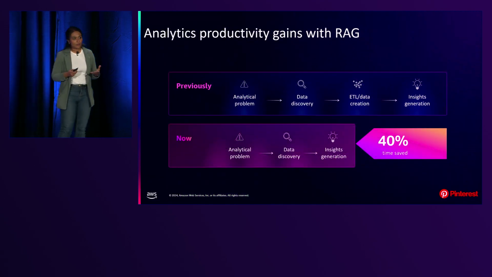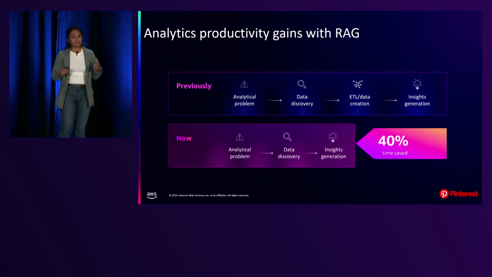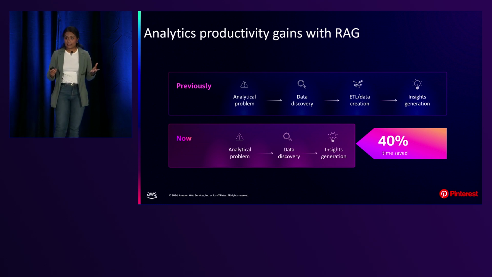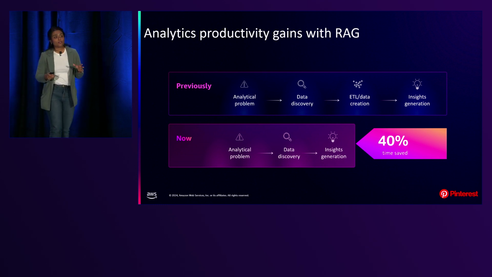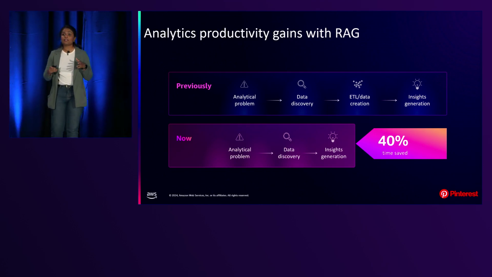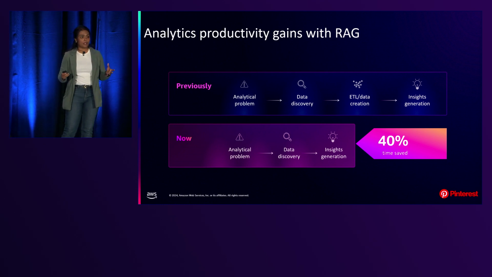Here's an example of one of our customers using RAG in their organization. Now, we've all heard of Pinterest. Pinterest is a visual inspiration platform, and they have one of the largest data lakes in S3. It's almost 1 exabyte wide. Now, the goal for Pinterest was to use large language models as well as their existing data within S3 to improve their analytics productivity.